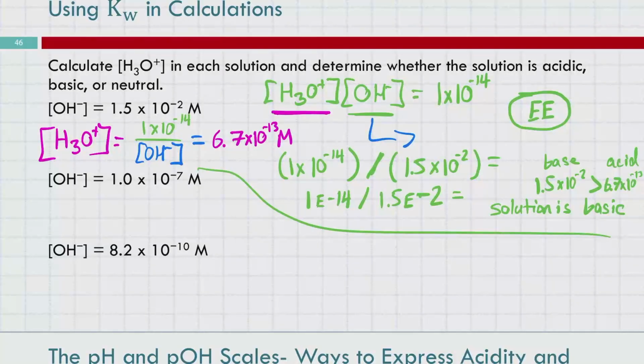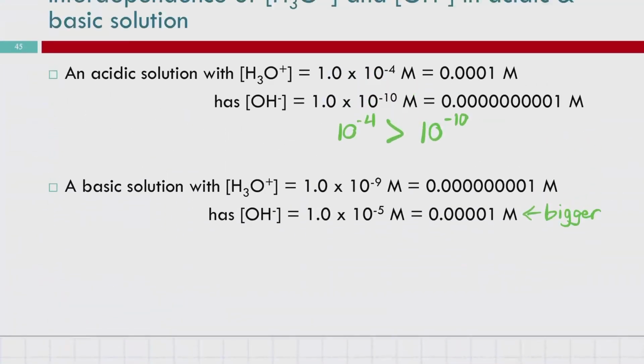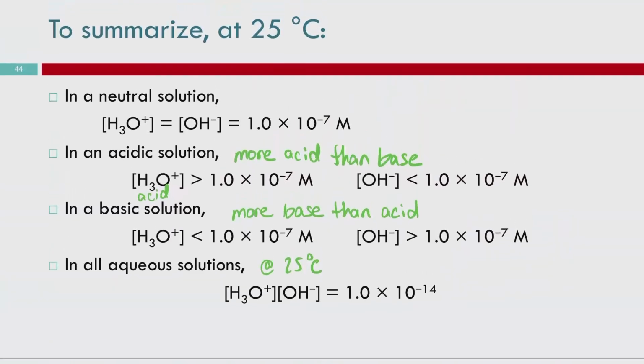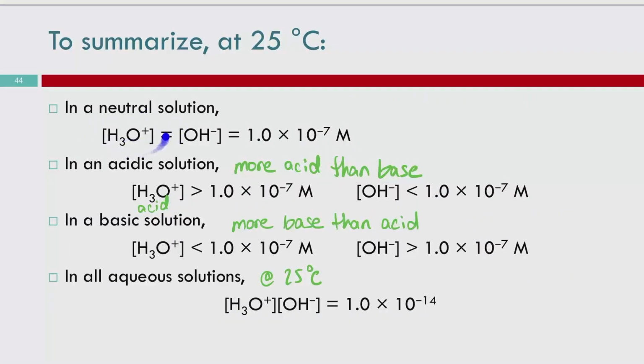Our next solution, we actually don't have to do a calculation necessarily. So 1 times 10 to the minus 7. If we recall, in a neutral solution, H3O plus equals hydroxide, and 1 times 10 to the minus 7 is that magic number.